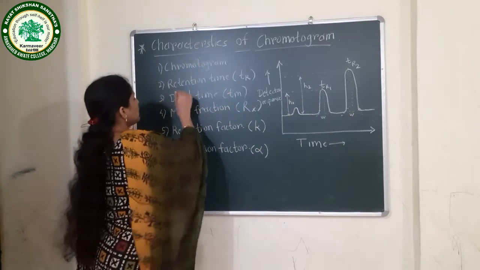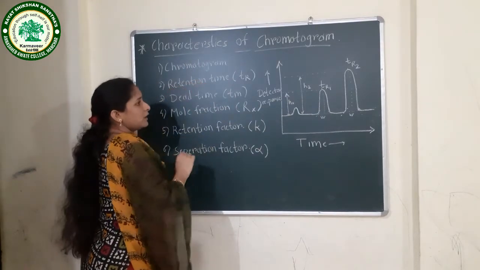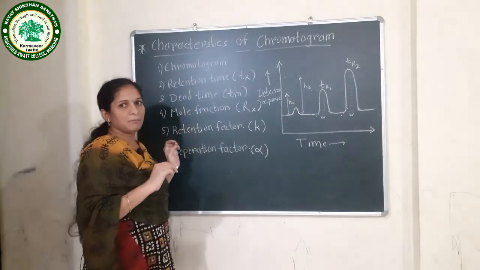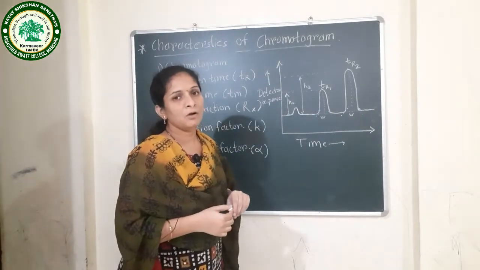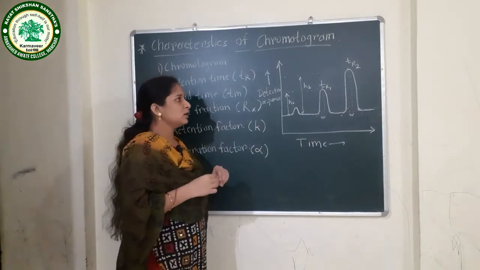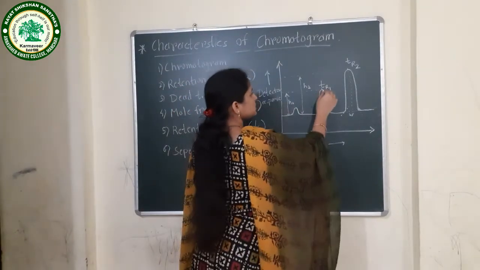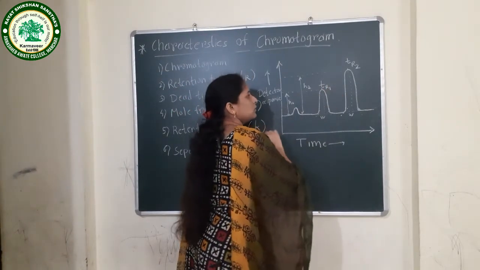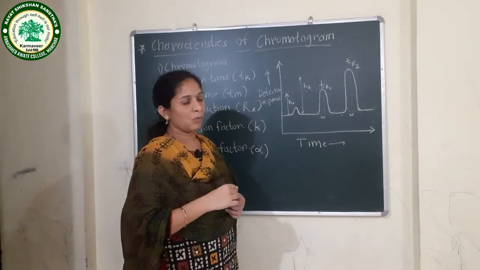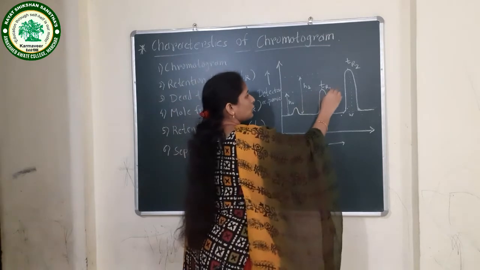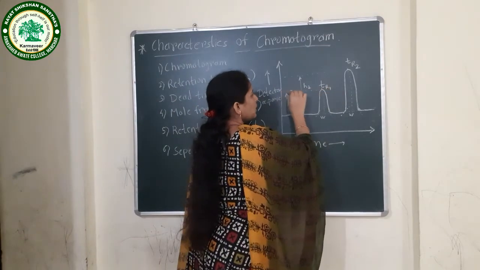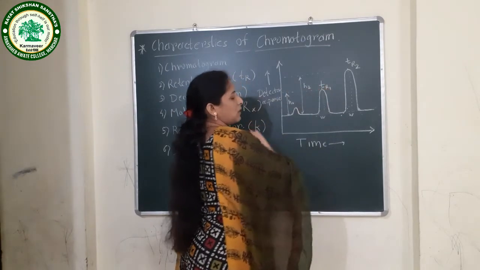Now what is the retention time? Retention time is the time required from injection of the sample to the elution of the component. Now this is TR1, the time required from injection of the sample to the elution of the first component, the retention time of the first component.